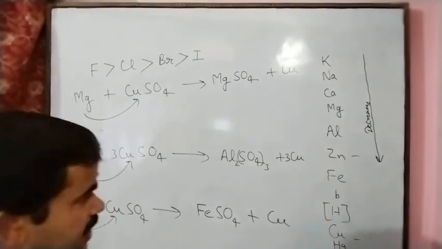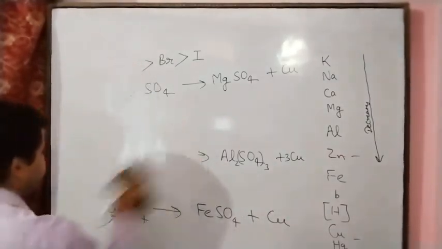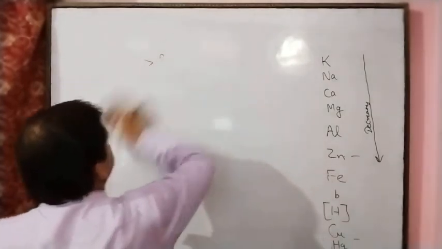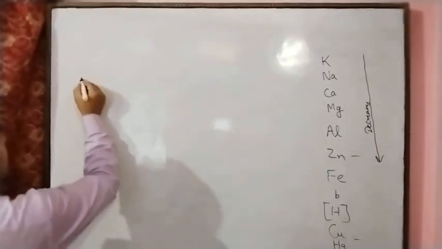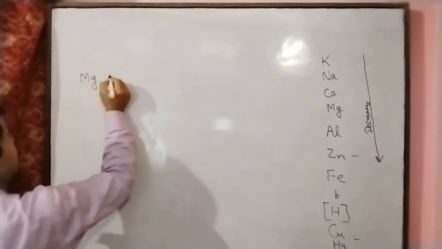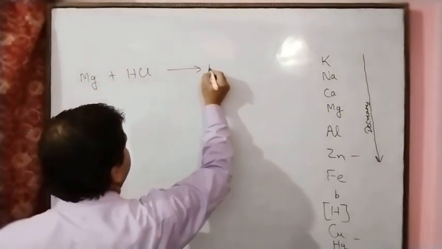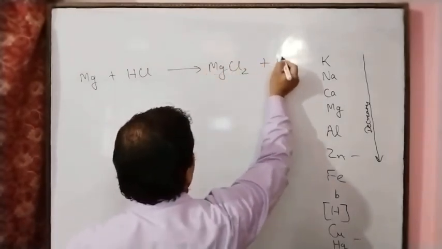So we can see here in this case magnesium reacts with HCl. We get magnesium chloride MgCl2 plus hydrogen gas.